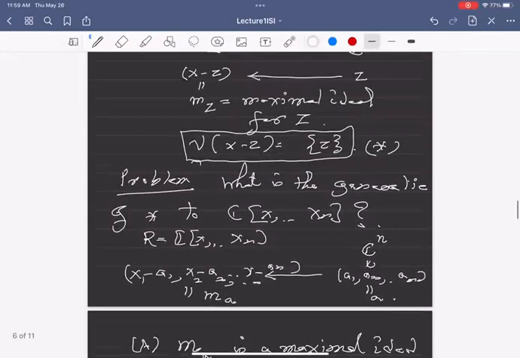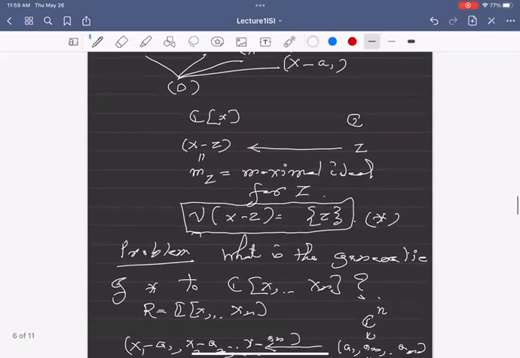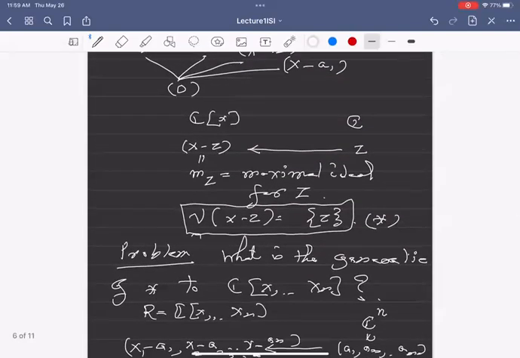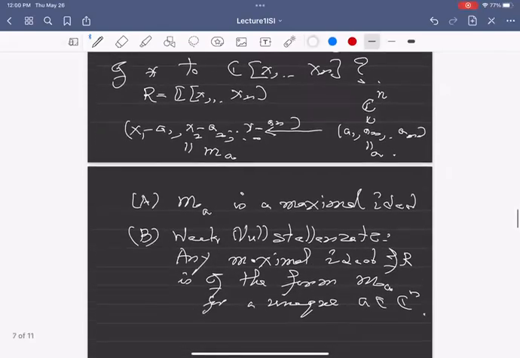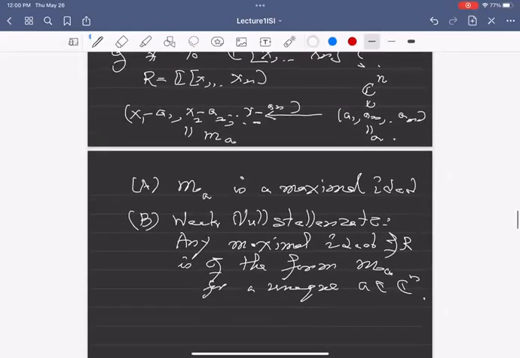So the point is, you know a lot about the polynomial ring in one variable. You know the fundamental theorem of algebra, which translates into a one-to-one correspondence between complex numbers and maximal ideals in C[x]. And it's natural to ask, what is the generalization to the multivariate polynomial ring? This generalization is called the weak Hilbert Nullstellensatz. It gives a structure theorem for maximal ideals.